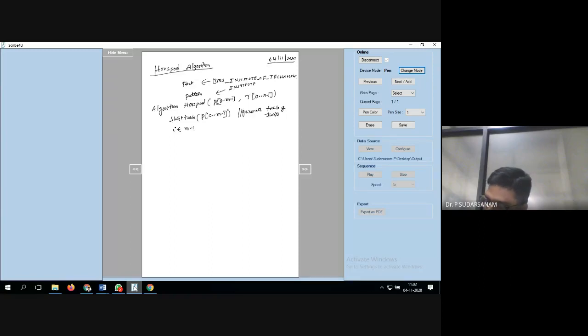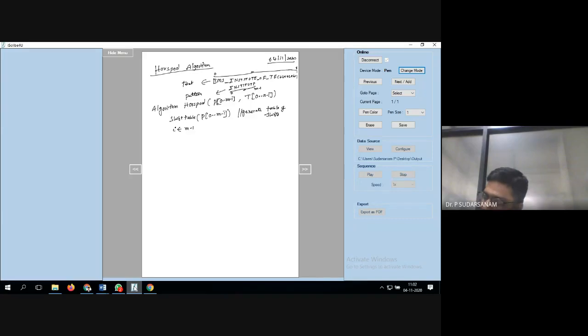i is equal to m-1. The pattern is indexed 0 to m-1, and the text is indexed 0 to n-1.